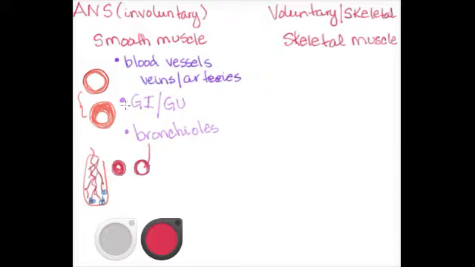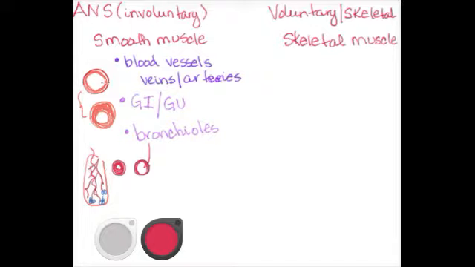So opening and closing these tubes, the blood vessels, the tubes that comprise our gastrointestinal and genitourinary systems, these tubes that have smooth muscle in them that are branching their way down to the bottoms of our lungs to deliver air all the way down to the bottom.